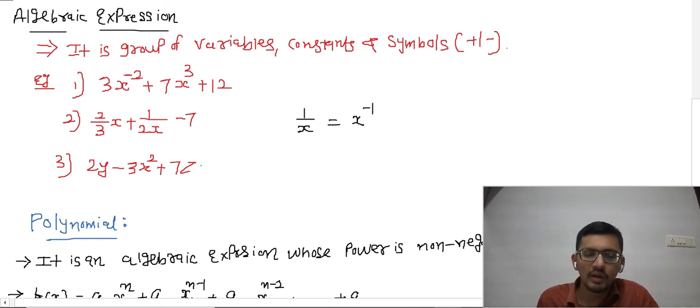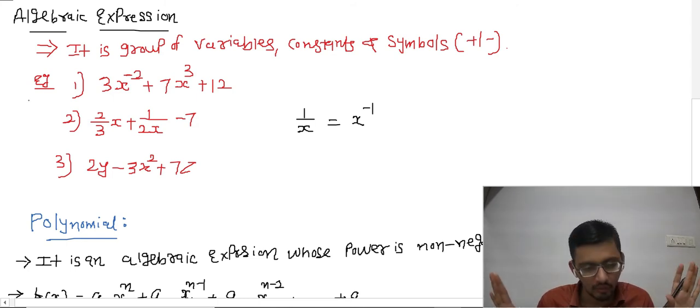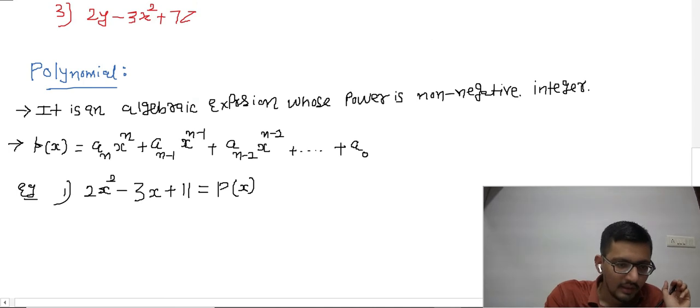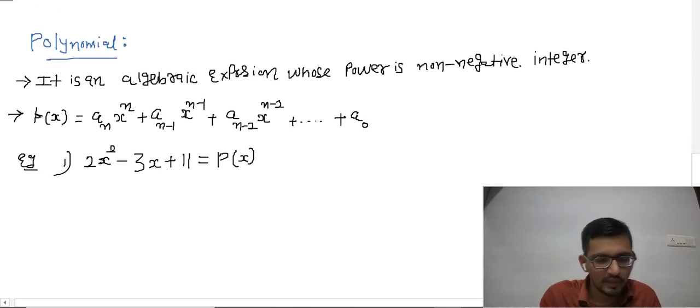So from this, what conclusion can we make? Every polynomial is an algebraic expression, but the reverse is not always true. All algebraic expressions cannot be called polynomials. You can see your examples 1 and 2, which are algebraic expressions but not polynomials. So this is one thing we should know very well.